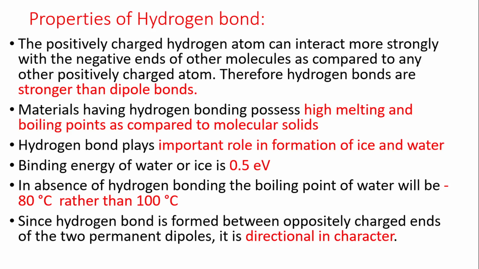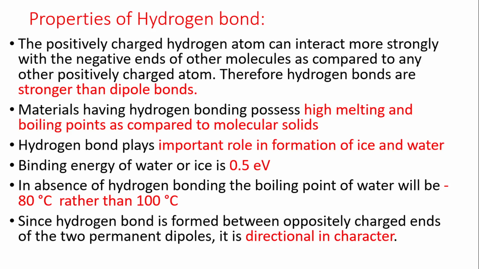This is another important point. The hydrogen bond formed between the positive pole of the hydrogen atom and the negative pole of a highly electronegative atom such as oxygen is very strong. So hydrogen bonds are stronger than other dipole bonds.